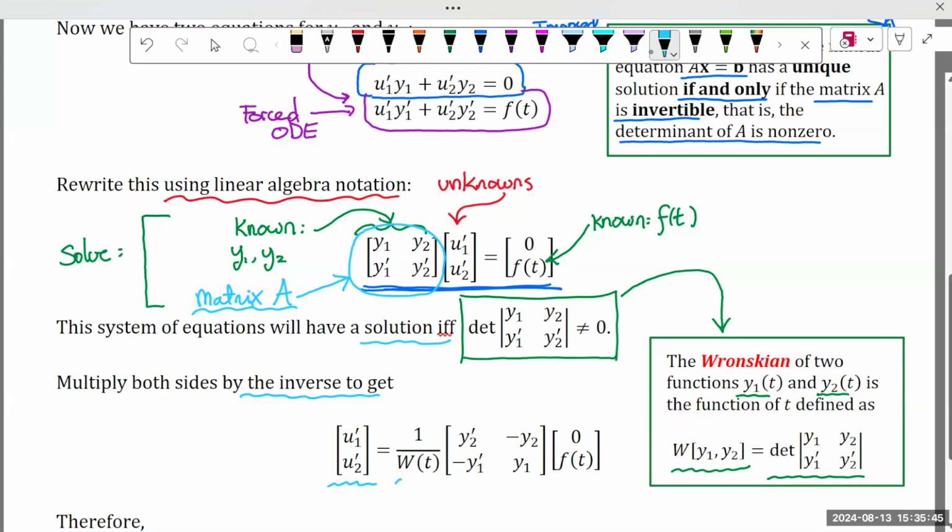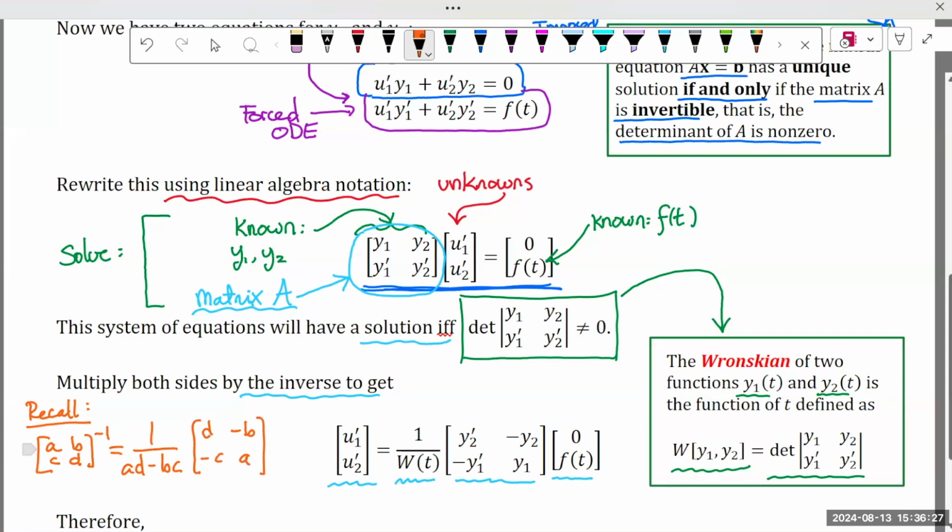And you notice that in this solution, what shows up is the Wronskian and all known values y1 and y2, their derivatives, and the right-hand side f. Here's a brief aside. Remember that the inverse of a 2 by 2 matrix with entries A, B, C, D is given by 1 over the determinant of that matrix times the matrix D, minus B, minus C, A. And that is what we used to create the inverse and find the solution.